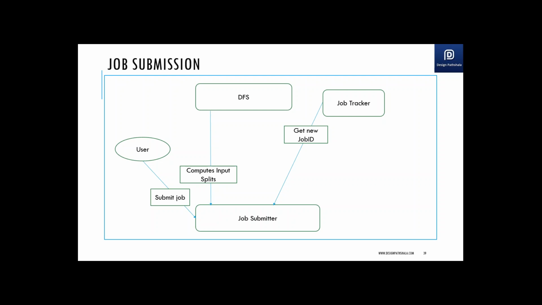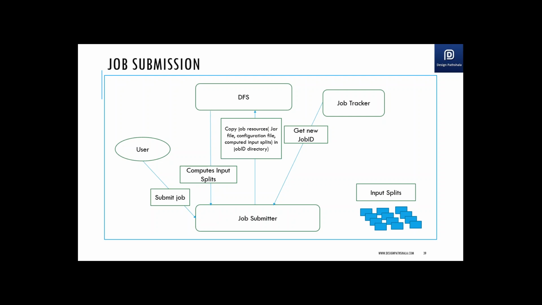So we get the information of the number of blocks associated to the data which you want to process, and the resources which are required for the job to run are copied to the distributed file system. That is, the logic which needs to be applied on the data is copied to the distributed file system, and the job is submitted.